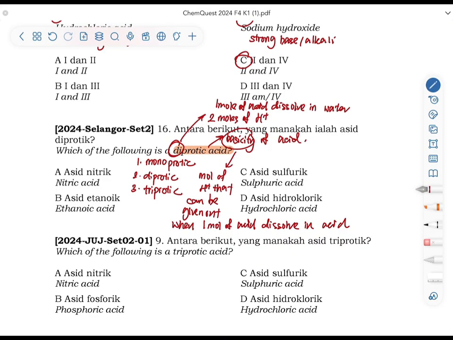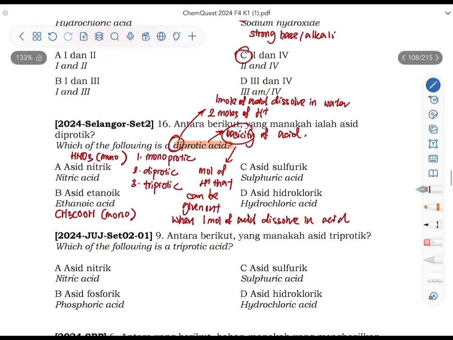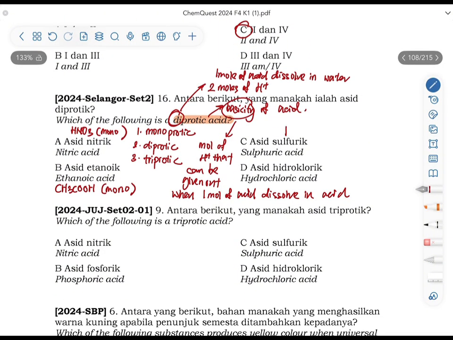The first is nitric acid, which is HNO3. This is a monoprotic acid. Ethanoic acid also releases 1 mole of hydrogen ion when it dissolves in water. Next, for C, sulfuric acid, which is H2SO4, this is a diprotic acid. This is one of the famous examples of diprotic acid.